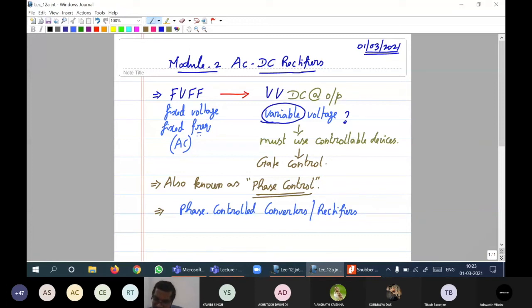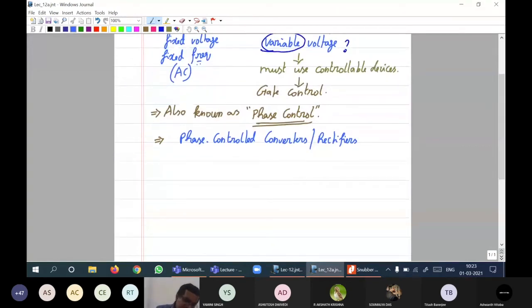And the instant at which we turn on the device is termed the firing angle or delay angle. These are a few terms that you need to understand with regard to phase controlled rectifiers: firing angle or delay angle. This is indicated as alpha.